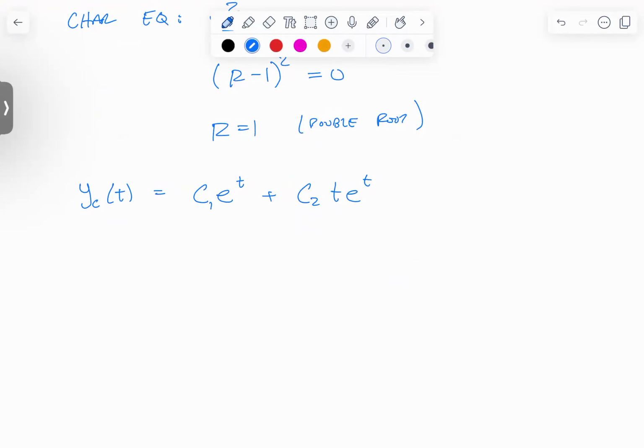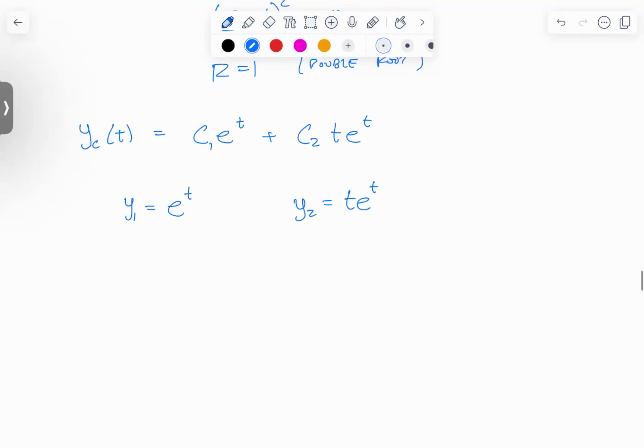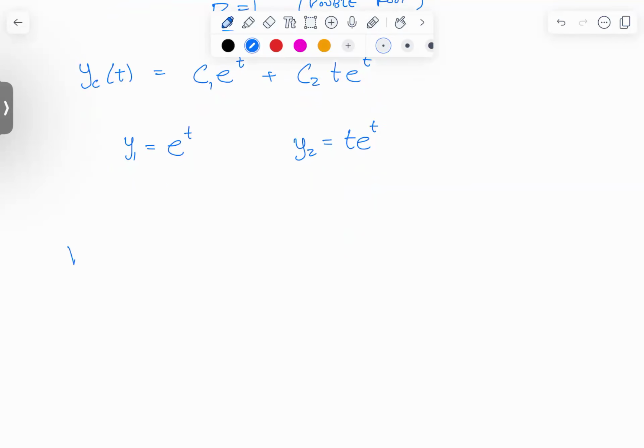You only get one solution, and I'm picking y1 as e to the t, and y2 as t e to the t. Find the Wronskian.